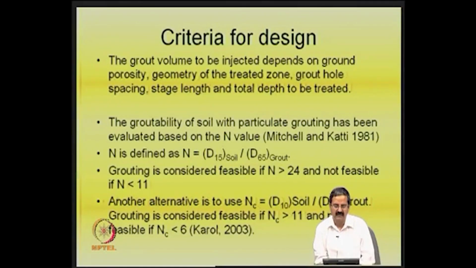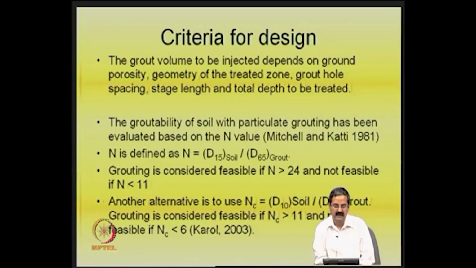So, one needs to have a good idea of some of these factors such as porosity, geometry, then the grout hole spacing, length and depth. There are some guidelines on to what extent a particular area is groutable.